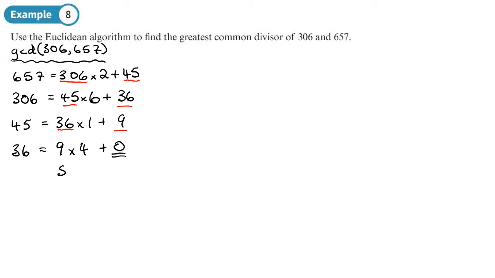So remember, when there is no remainder, you stop the algorithm and you find the greatest common divisor here. So we can write down the greatest common divisor of 306 and 657 is 9.